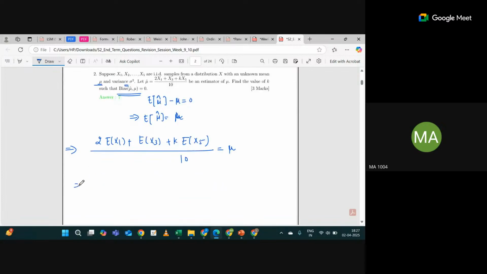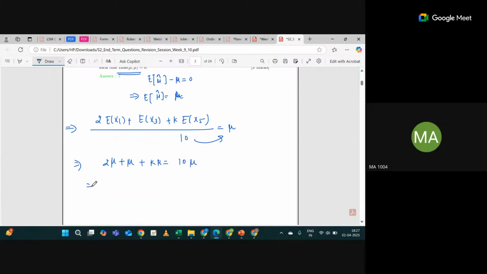So this is 2 mu plus mu plus k mu equal to 10 times mu. This is 10 mu, right? We have to find the value of k. So k mu is equal to 10 mu minus 3 mu, which is 7 mu. So from here we can say k is 7. This is how simple it is, right?